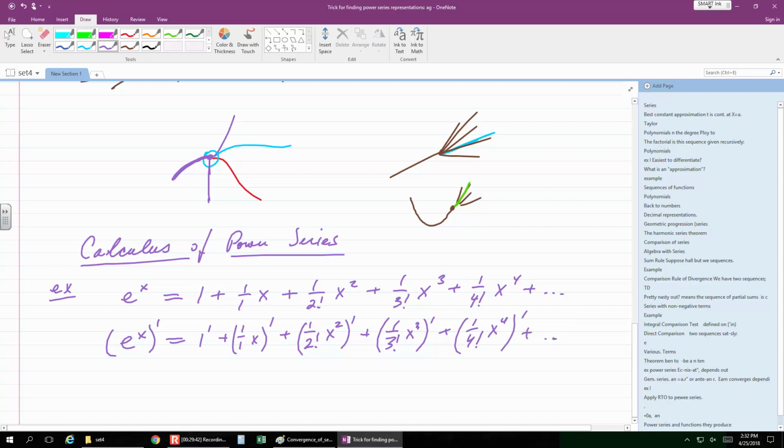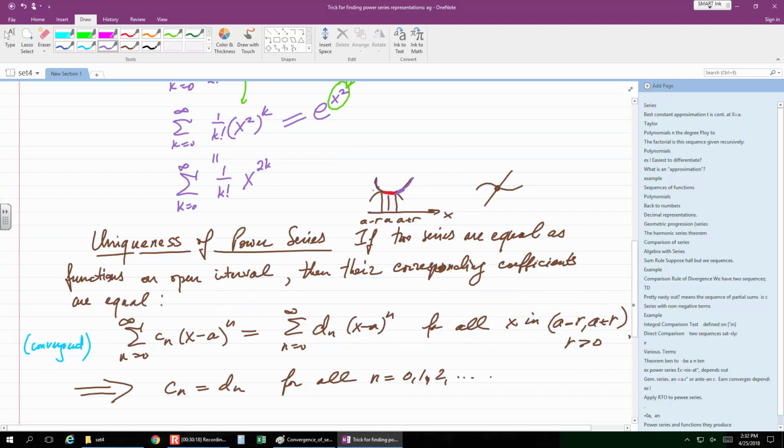Okay? And at that point you will see a pattern. This is 0, this is 1, this is 1 over 2 factorial times 2x, then it will be 3 over 3 factorial x squared, then it will be 4 over 4 factorial x cubed, and on and on. So if you had an nth term, 1 over n factorial x to the n, and I differentiate it, what's going to happen?